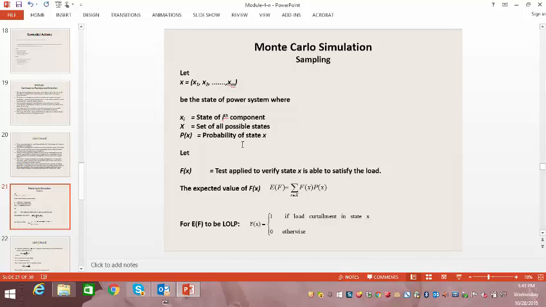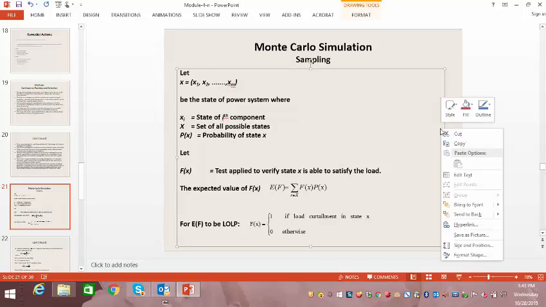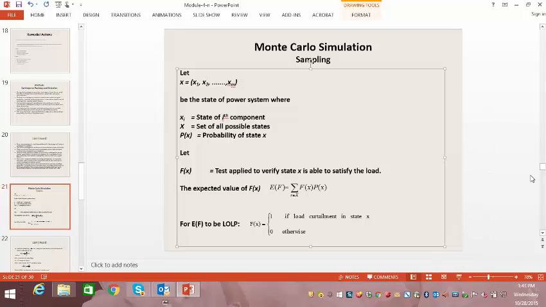One is what we call Monte Carlo sampling, or the non-sequential Monte Carlo simulation, and the other method is the sequential Monte Carlo simulation.